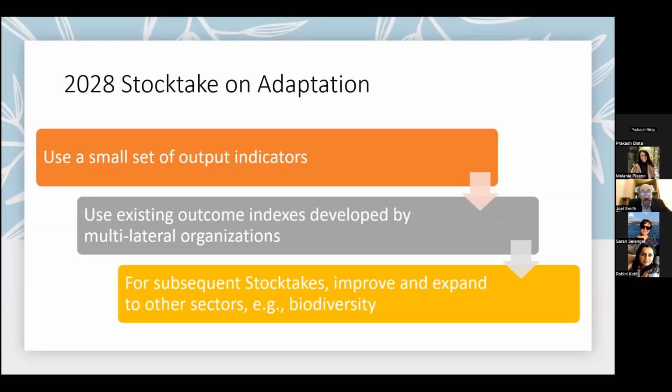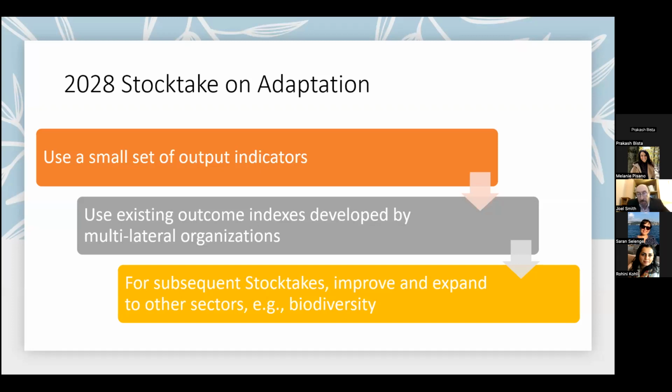All right, so for the 2028 stocktake, we're suggesting to focus it and not overreach. We suggest using a small set of output indicators, use existing outcome indices developed by multilateral organizations, and then for subsequent stocktakes, and these, by the way, it's not going to cover everything.